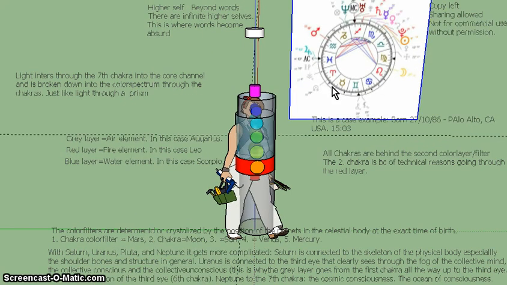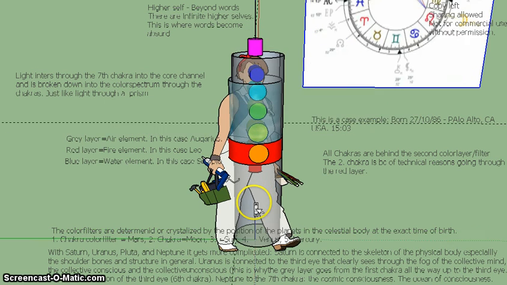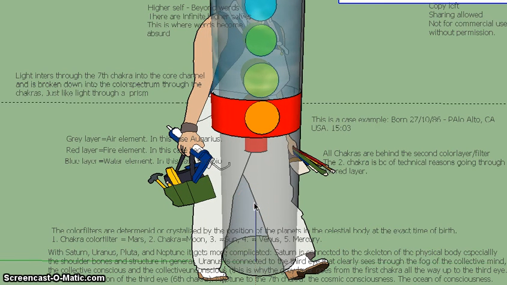So let's first take a look at how the chakras and the planetary celestial body are connected. As I said in the beginning, these color filters, you notice that they are in different colors.